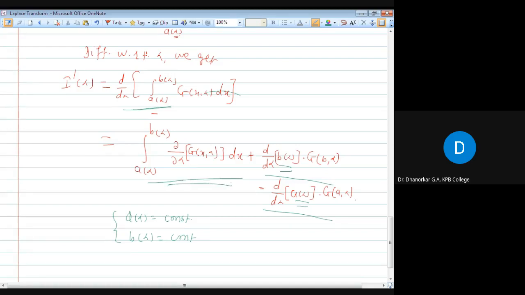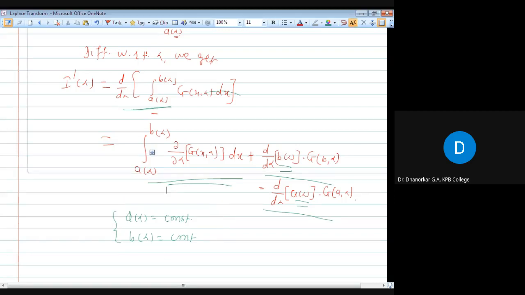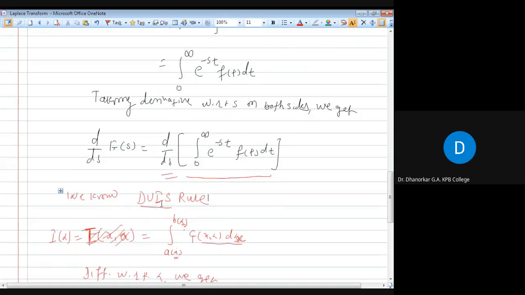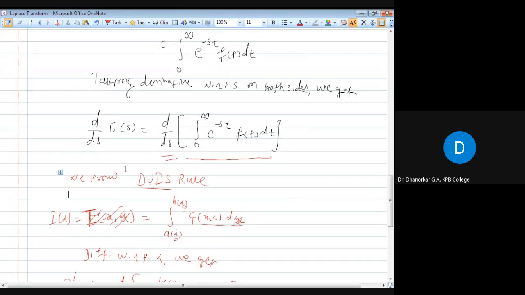Okay. Now I will use here the DUIS rule, and by using the rule we'll write this integration as, this is our main step, we have to apply the DUIS rule here. And how to apply it?